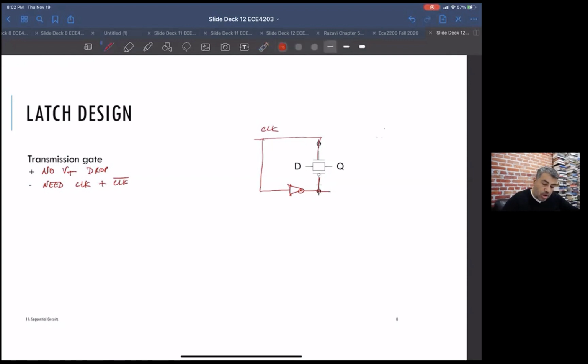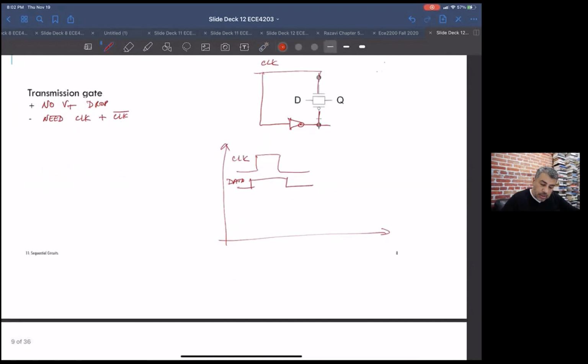If I was going to draw this guy's function in terms of clock and data and look at Q, it looks a little bit better. Basically, it goes up to VDD completely.